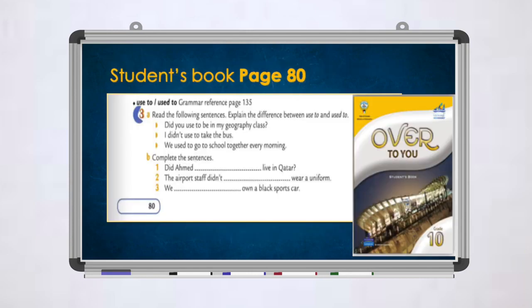Now, I want you to open your student's book, page 80, exercise 3. Complete the sentences. Did Ahmed blank live in Qatar? The airport staff didn't blank wear a uniform. We blank own a black sports car.